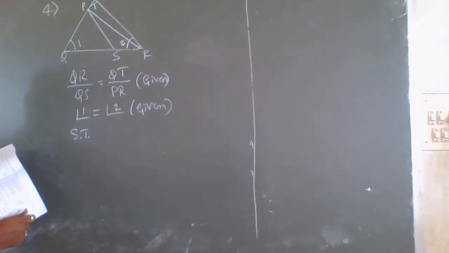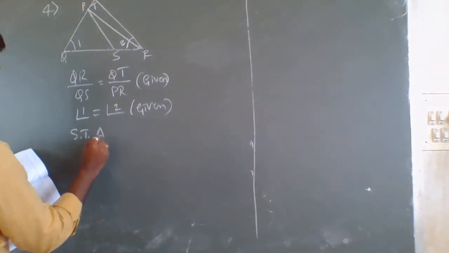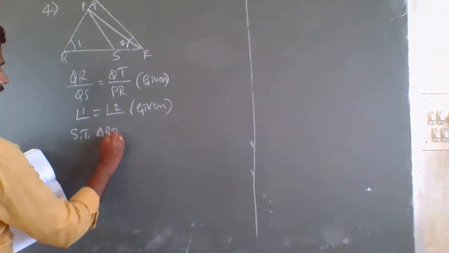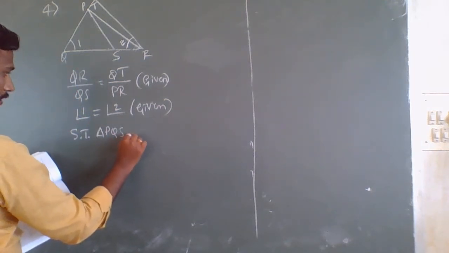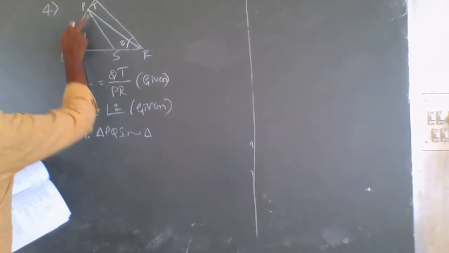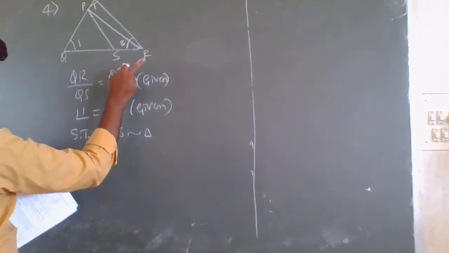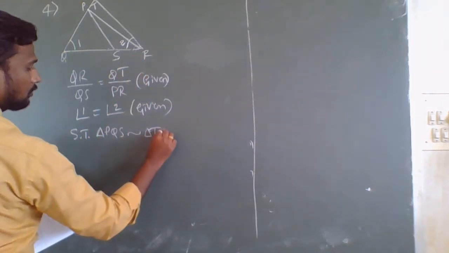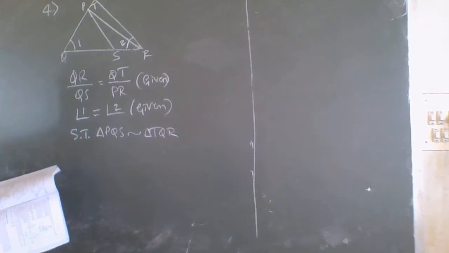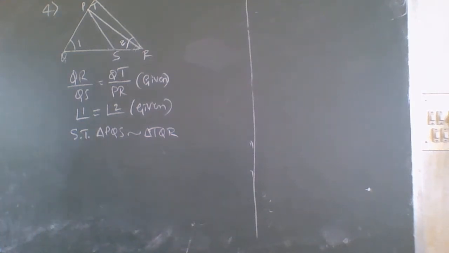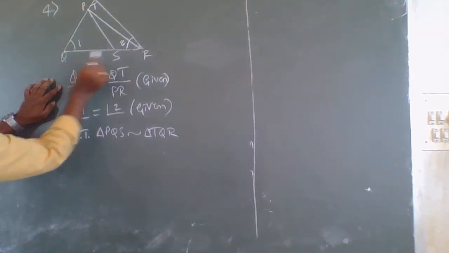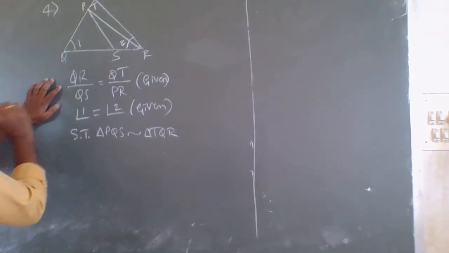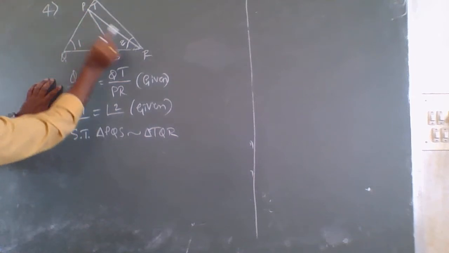We have to show that triangle PQS is similar to triangle TQR. See here, they are given that QR by QS equals QT by PR.